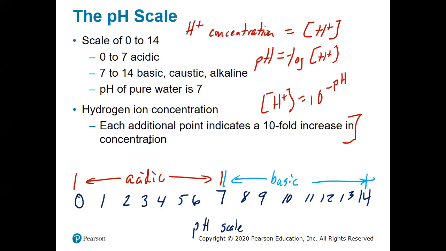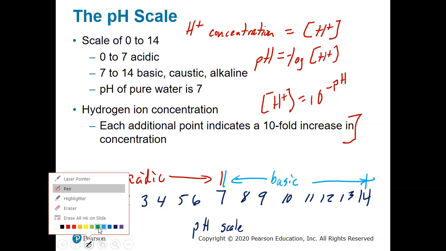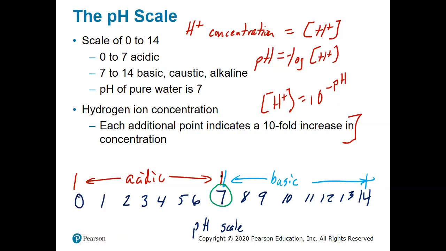And pure water here in the middle is going to be our neutral pH. Pure water is neutral. Now, I will say, with one kind of important side note, it's really, really stinking hard to get pure water.